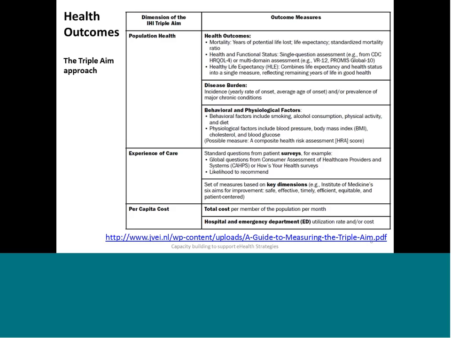And then there are outcomes that can be measured in terms of total cost and usage. So these are health outcomes, disease burden outcomes, behavioural, physiological factor outcomes, etc., that reflect how the health service was used. They do not say anything explicitly about the use of ICT.